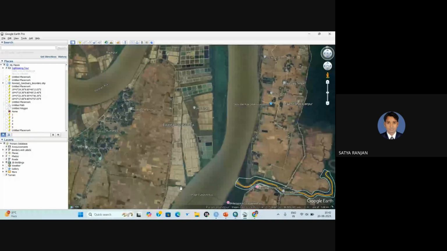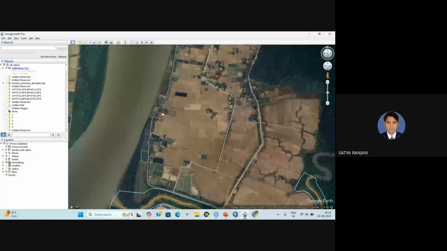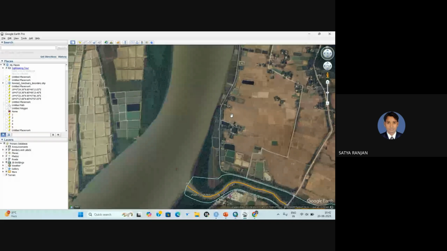Basically, they are culturing prawn and some fishing activities, and fishing ponds are there. These look the same as the natural ones.